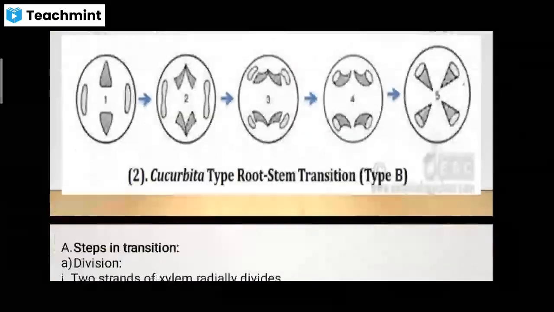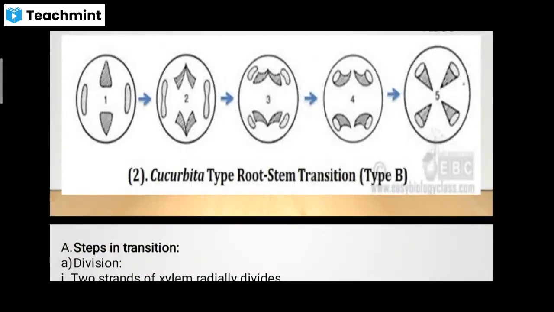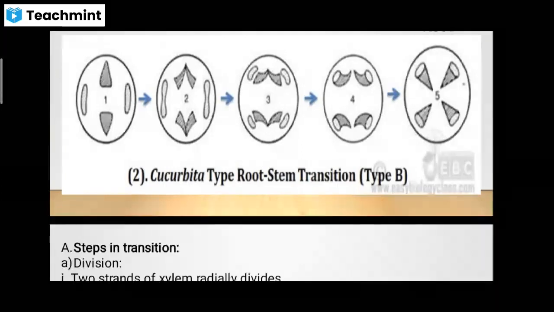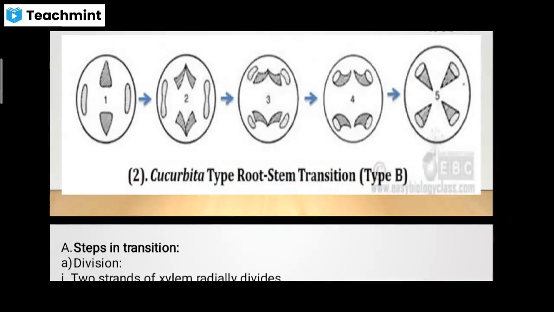After the rotation, these forks of the xylem unite or fuse with the phloem strand. So that's why they form the conjoint and collateral type of vascular bundles. In this way, the radial arrangement of the vascular bundle is converted into the conjoint collateral vascular element.